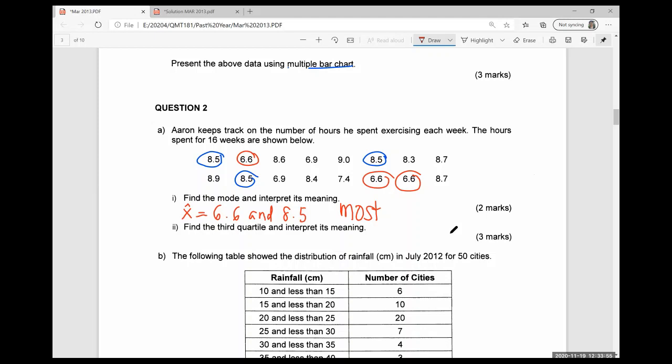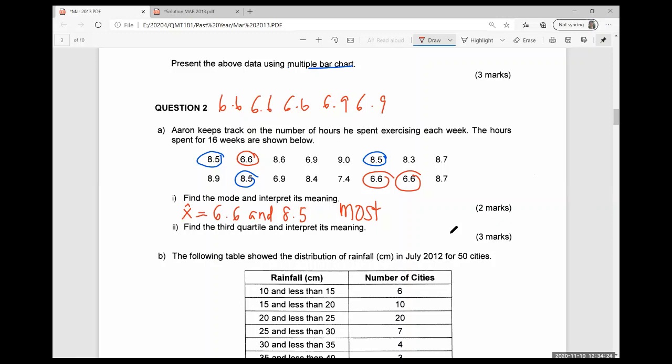6.6, right? Is there any more lower than that? No. So you have 6.6, 6.6, 6.6. And then you have 6.9, 6.9, twice 6.9.